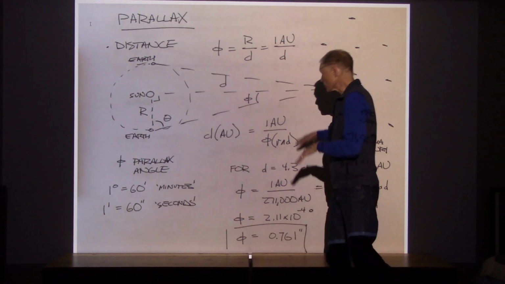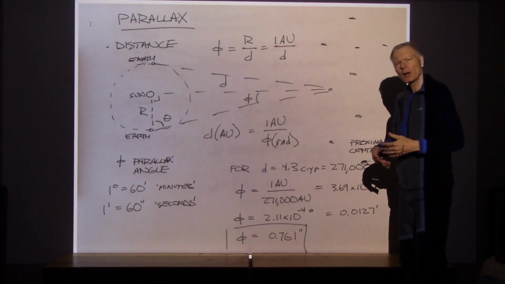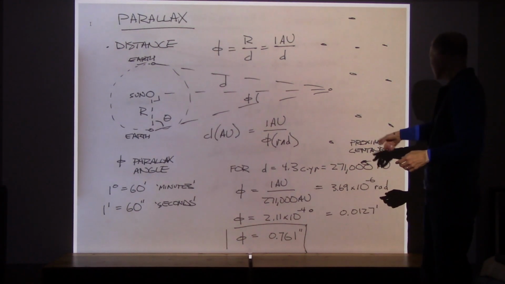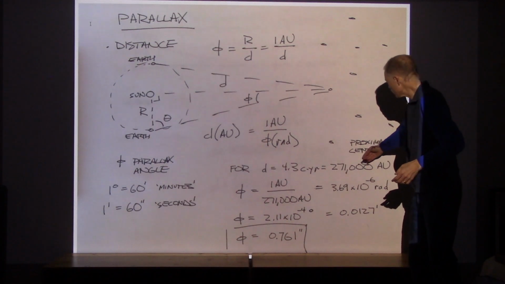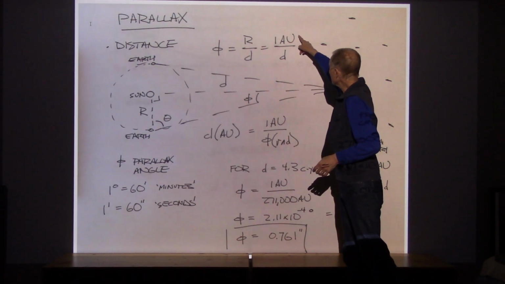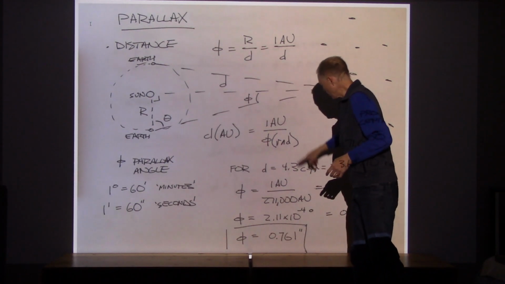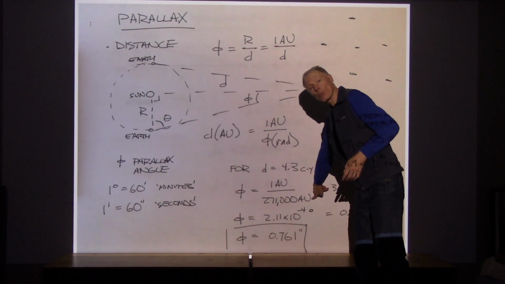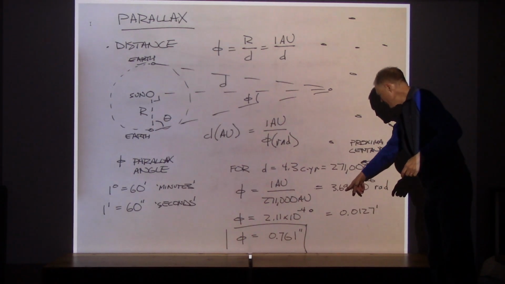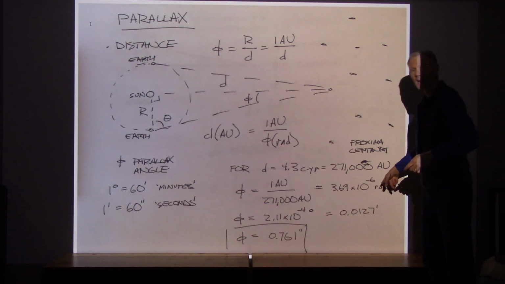Now for this star, we're going to start with the distance and figure out what typical parallax angles are going to be like. And this is the very closest star to us. So plugging into the formula, that would be 1 AU divided by 271,000 AU, and it says that would be 3.69 times 10 to the minus 6 radians.